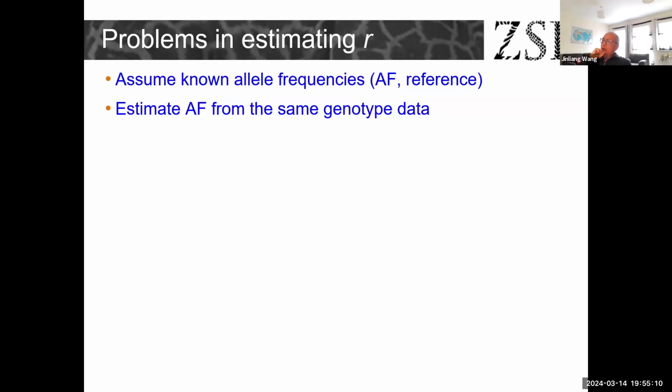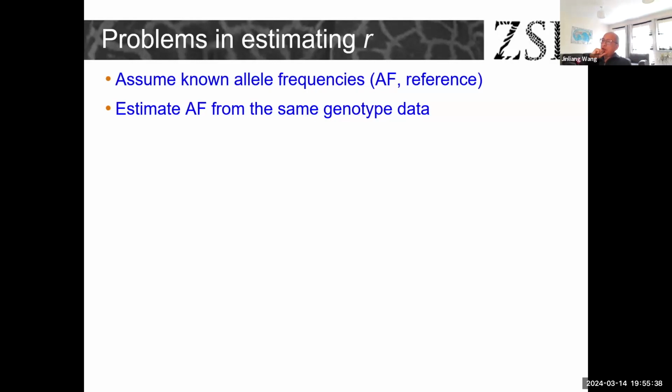We have to calculate allele frequencies from the same genotype data we have, which are used also for calculating relatedness. So we are getting both types of information, that is allele frequencies and the relatedness, from the same sample. So there is a circularity here.